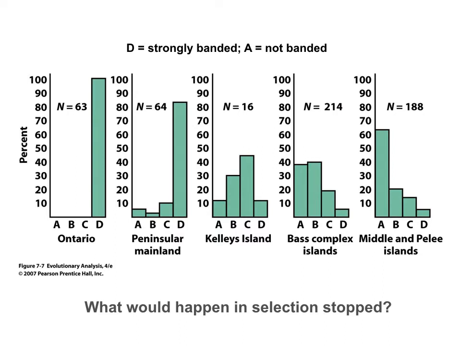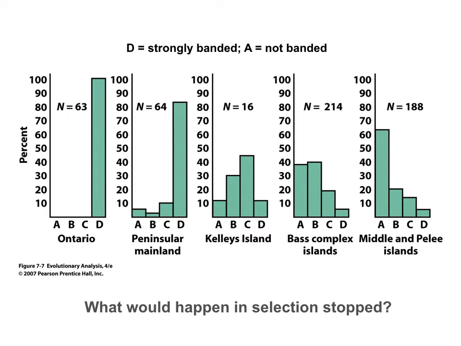And with that larger amount of migration, you have a higher amount of the genes that code for those banding patterns, which therefore influence the intermediate banding patterns, and so you don't see quite as many unbanded snakes there.